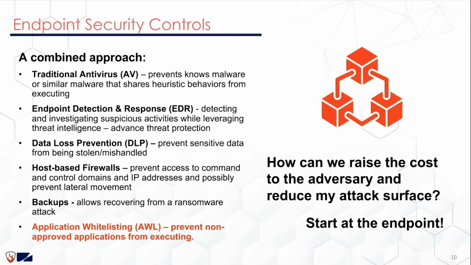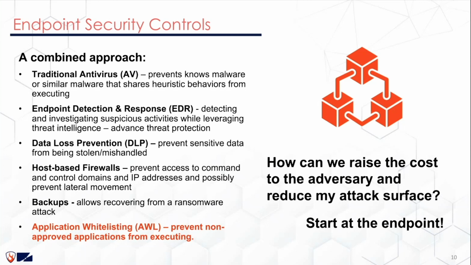Then data loss prevention is a really good one. This prevents sensitive data from being stolen, mishandled, or sent out to the wrong locations. If this is deployed correctly, it can really limit the damage that could occur, using role-based access and whatnot. Next is host-based firewalls. Host-based firewalls can be useful.